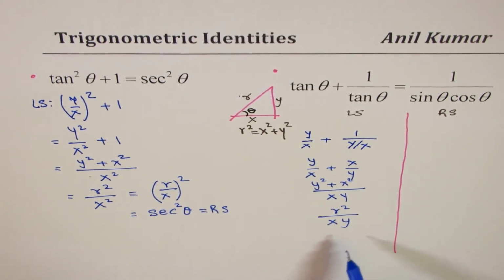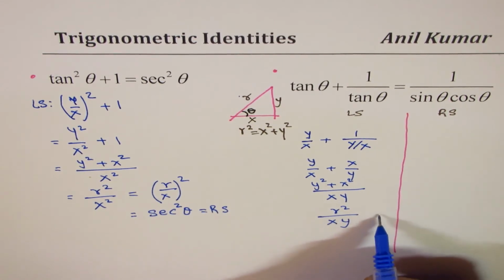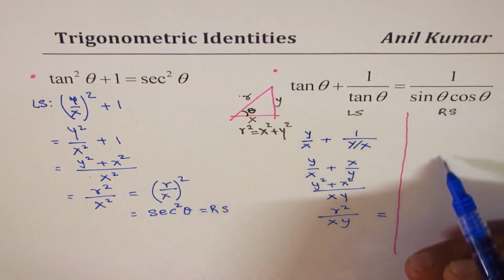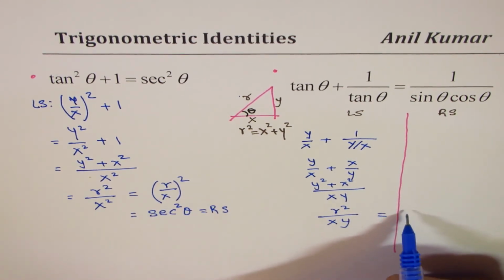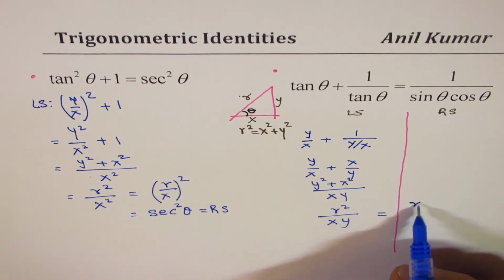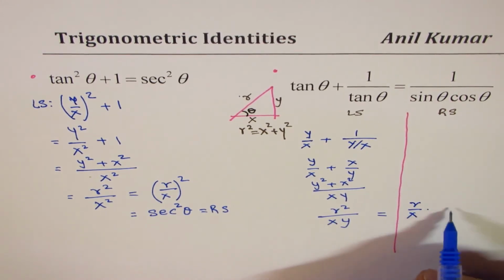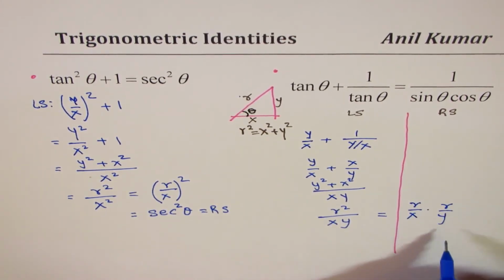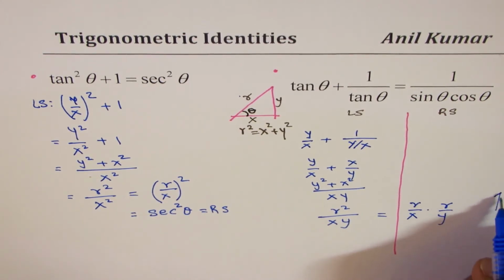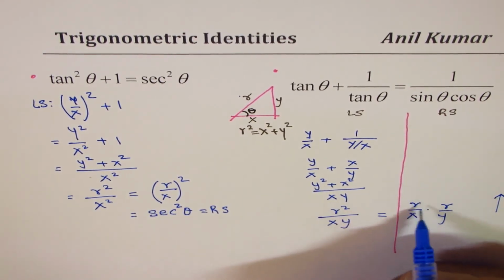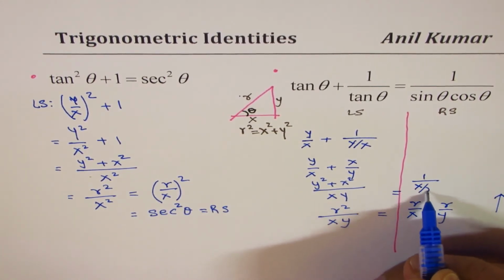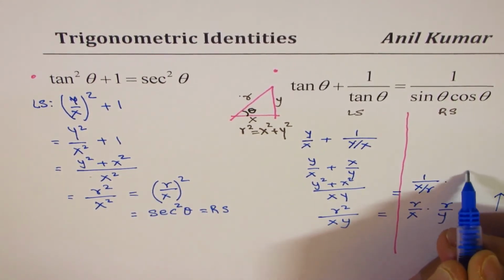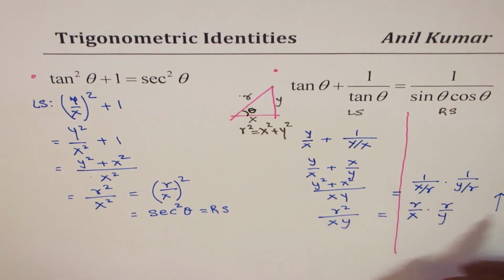Now actually speaking, I could go backwards and show it. Let me do that part. I'll prove from left to right. So we could write this as r over x times r over y. Does it make sense to you, right? So we are moving now in this direction. I could always write this as 1 over x over r, bringing it down, times 1 over y over r, correct?